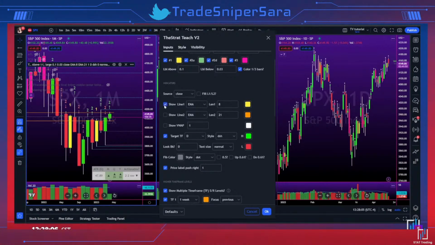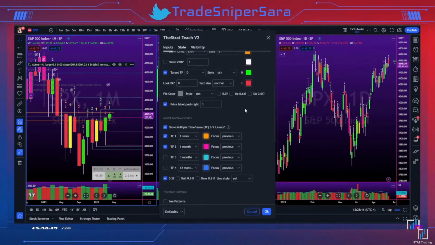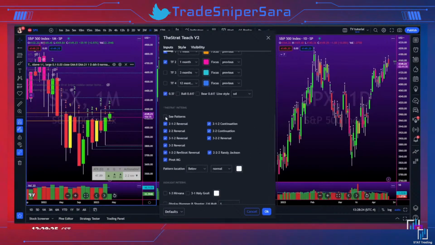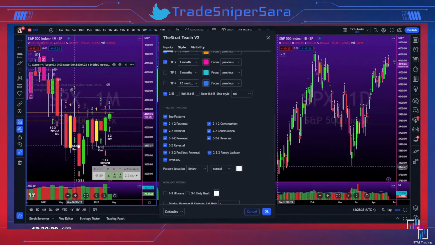So if you like an EMA, you can put an EMA on your chart. If you like VWAP, you can put VWAP on your chart. Just a whole bunch of stuff. Show multiple time frame, basically highs and lows. If you want to see patterns on the chart, it'll show you what is what.